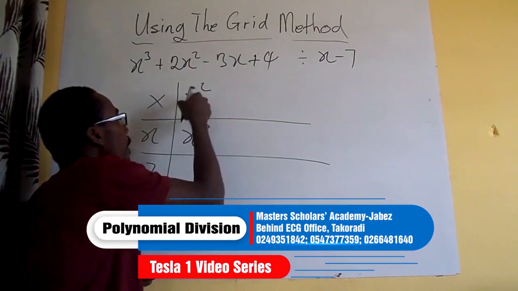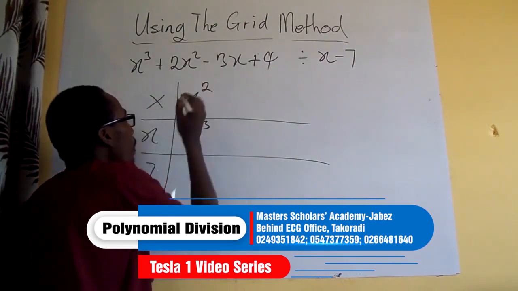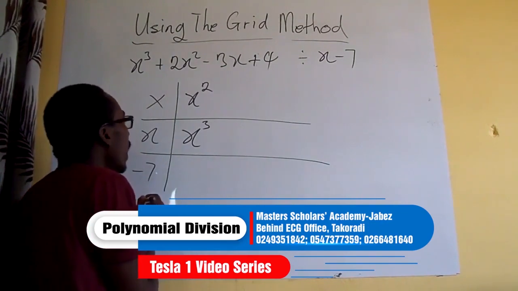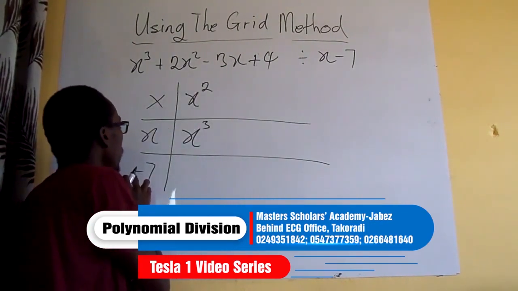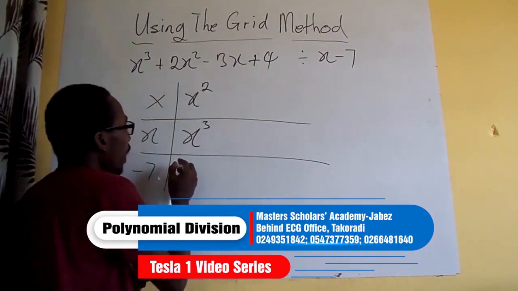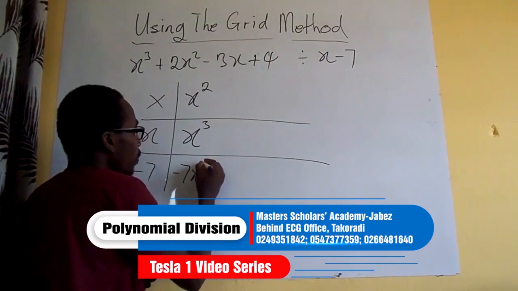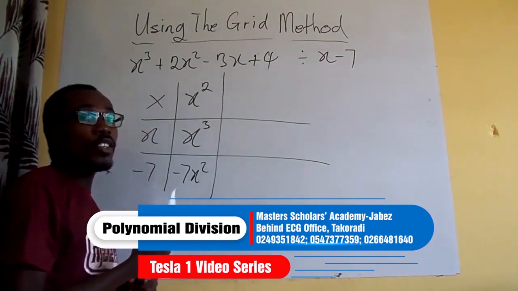So you know that x times x squared gives x cubed. Now, after obtaining this, you multiply minus 7 by the x squared, and that gives you minus 7x squared. Then you draw your line. You are creating your grid.